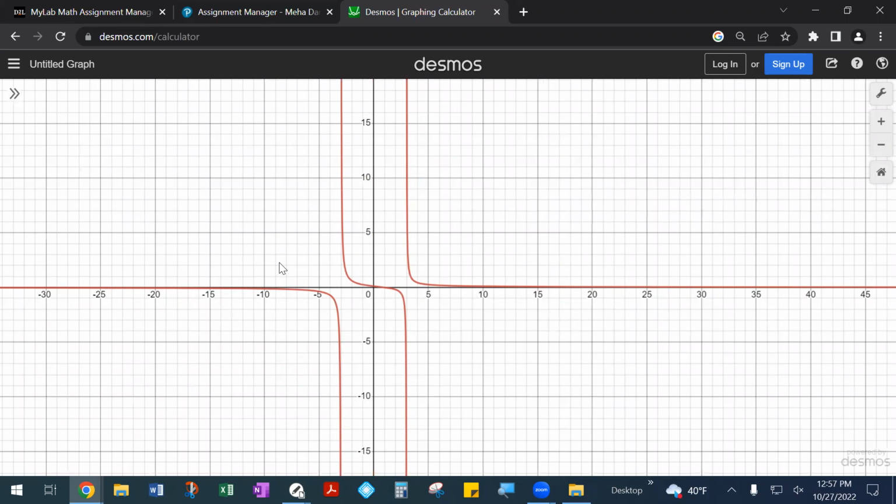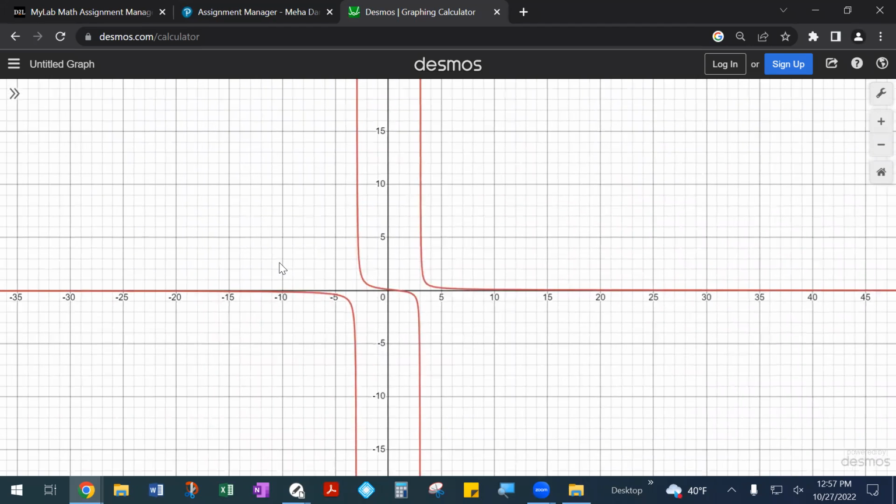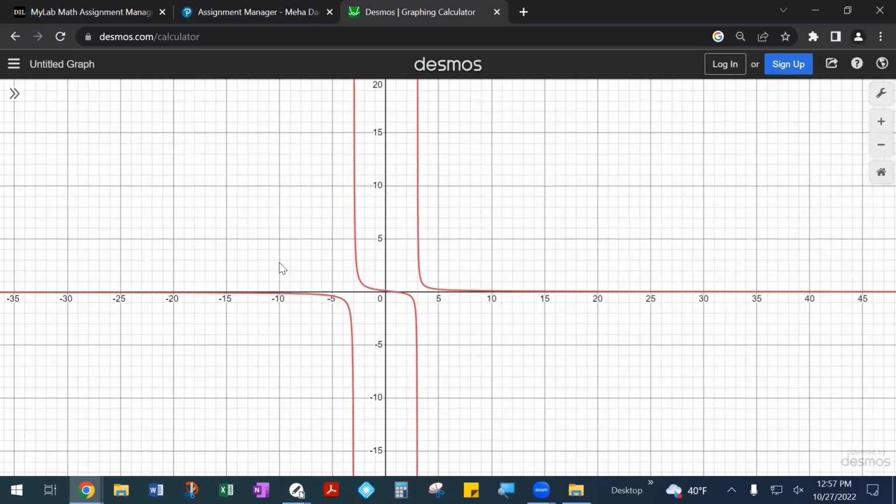As x goes to negative infinity, y is getting closer to 0. On the right-hand side, as x goes to positive infinity, again y is getting closer to 0. So at this end, we're definitely seeing that asymptote behavior.